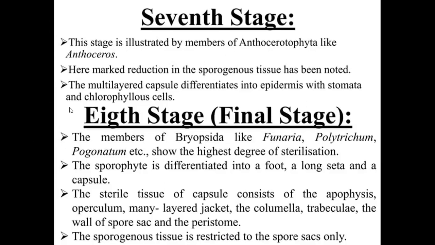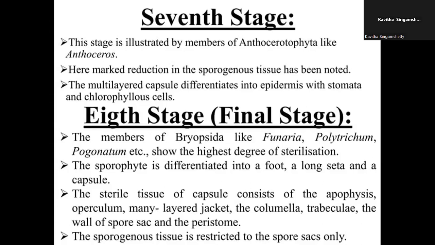So, when we observe Riccia, the starting stage of the bryophytes, the primitive genera, the sterile tissue was very limited. The entire capsule, that is, the sporophyte, is represented by a capsule and the sporogenous tissue developing into the spores.